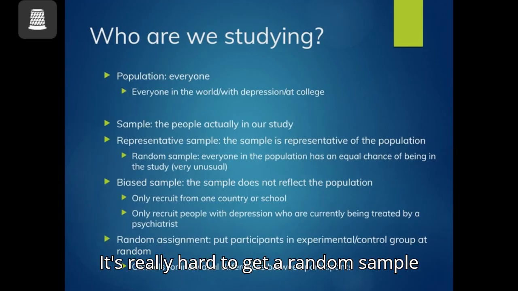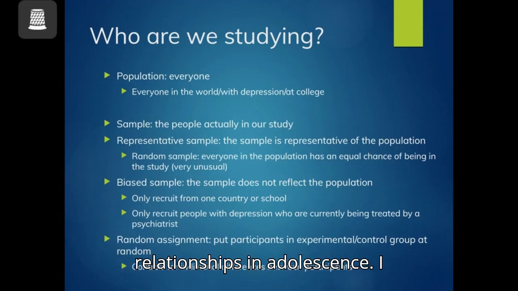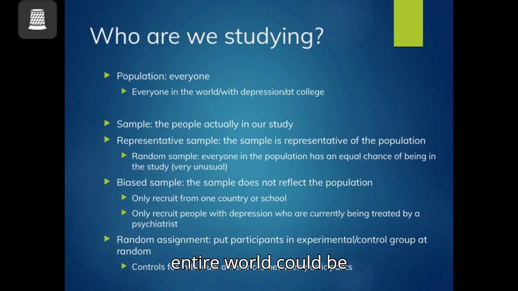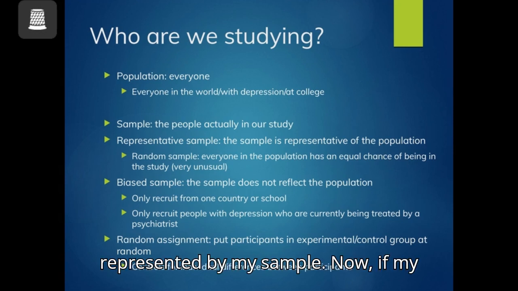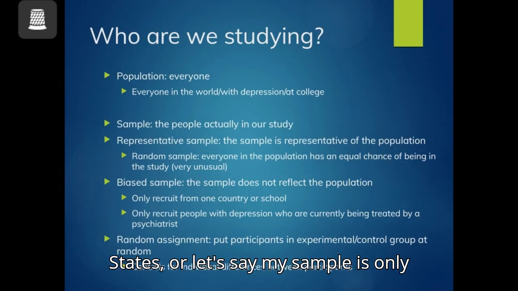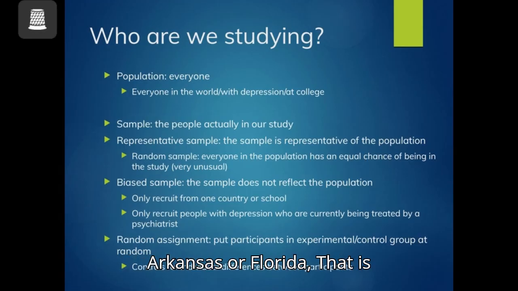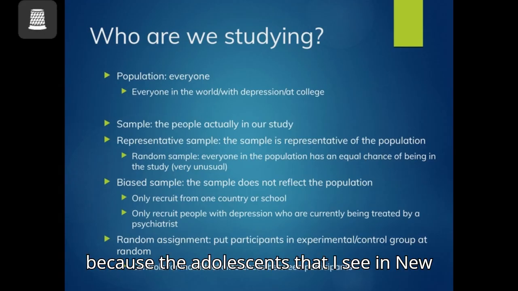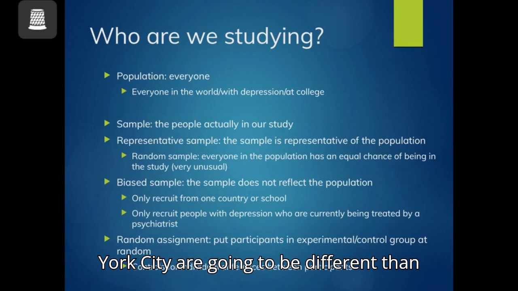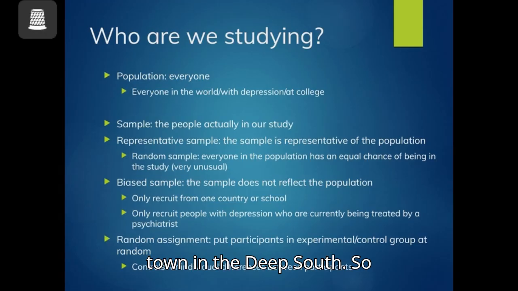It's really hard to get a random sample because let's say I'm talking about peer relationships in adolescence. I am assuming that every single adolescent in the entire world could be represented by my sample. Now, if my sample is only collected in the United States, or let's say only collected in New York or Alabama or Arkansas or Florida, that is not necessarily a representative sample because the adolescents that I see in New York City are going to be different than the adolescents that I see in a rural town in the Deep South.